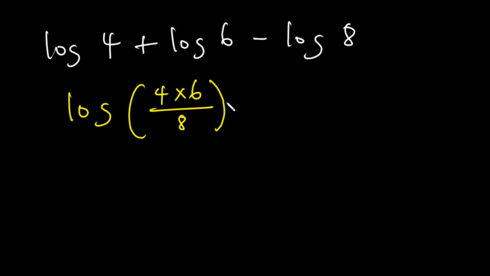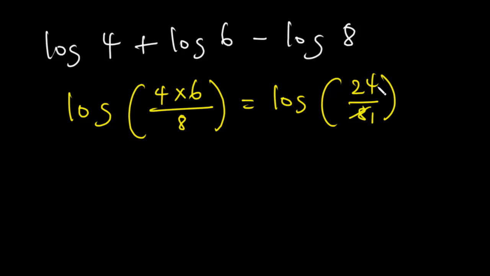Now 4 times 6 is 24. So it's going to be log 24 divided by 8. 8 goes into itself once, and then into 24 3 times. So our final answer is going to be log 3.